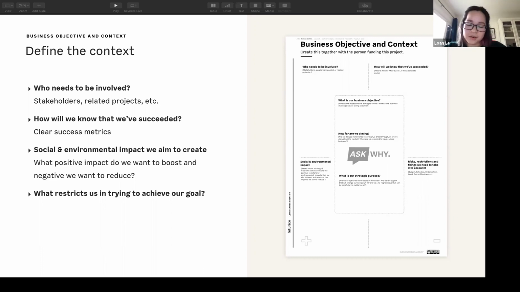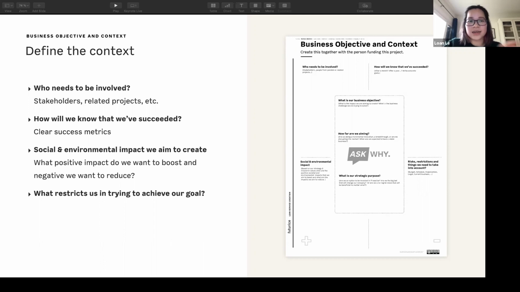All companies have a positive handprint on the world and also a negative footprint. And so all companies should have a strategy for how to increase the positive impact and decrease the negative impact. And it's important that whatever new you create will fulfill this strategy. So write it down here.